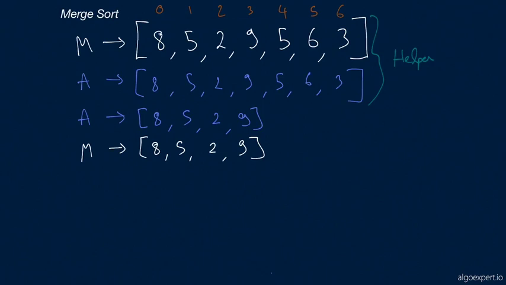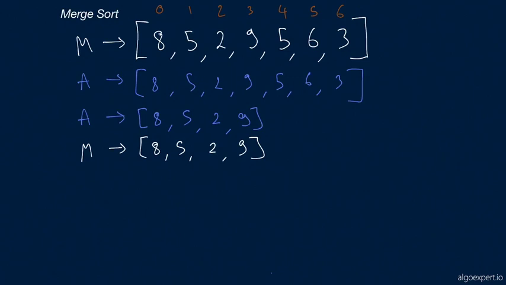Then we called the helper method again, except this time, the main array, at the top, is actually our auxiliary array, and the auxiliary array, at the bottom, is actually our main array. So far, so good. Hopefully you're still with me, and you'll see as we dive more into it why this is needed.